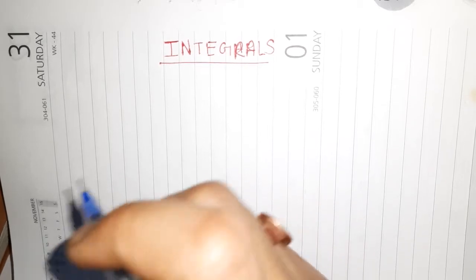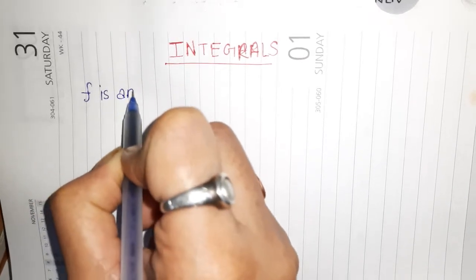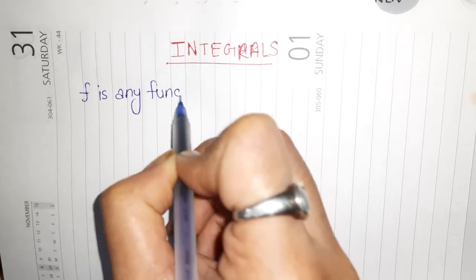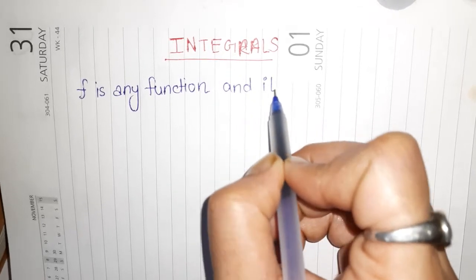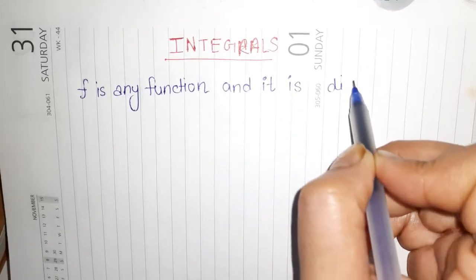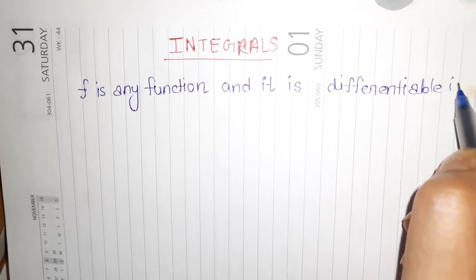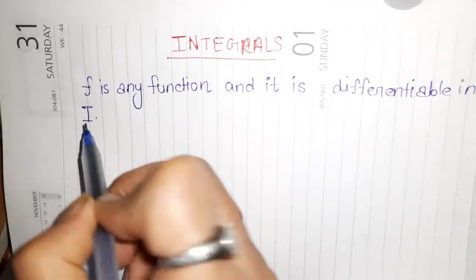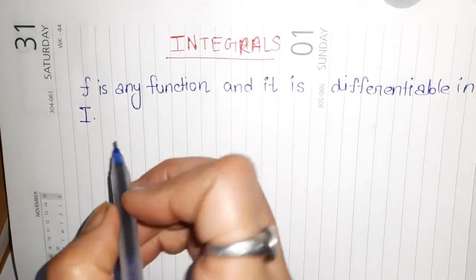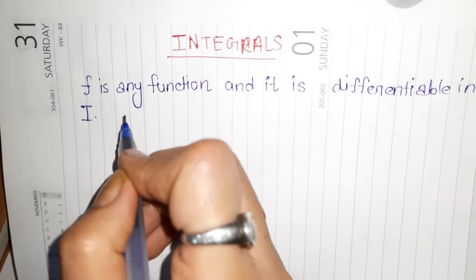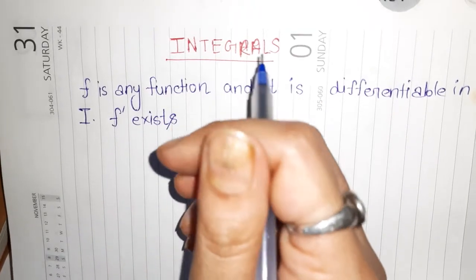Now, suppose f is any function and it is differentiable in any interval I. Now, if it is differentiable in that interval, it means f dash exists in I. We denote the derivative of f by f dash.